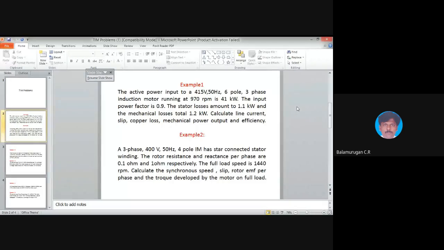Then you calculate the efficiency. Okay, you sure? Okay, correct. So efficiency will be P out, 37.503, divided by P in. So P in is 41. So you get 97.470.